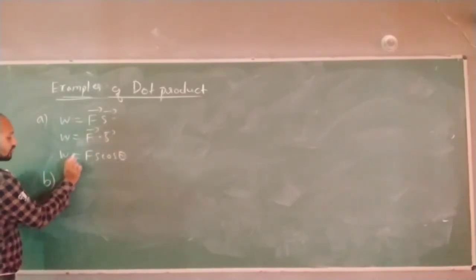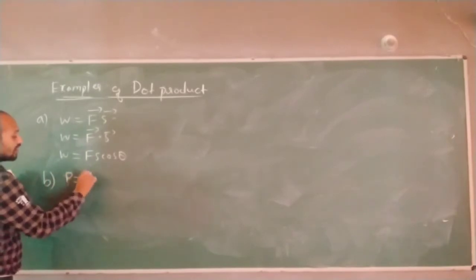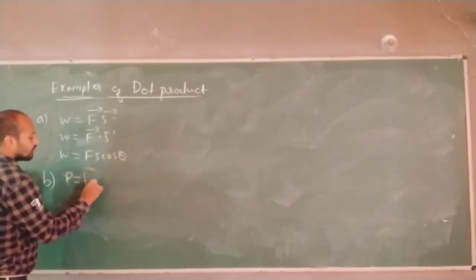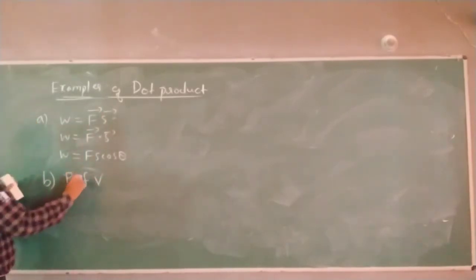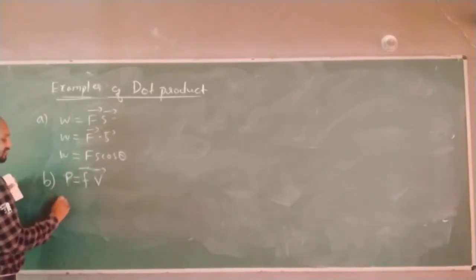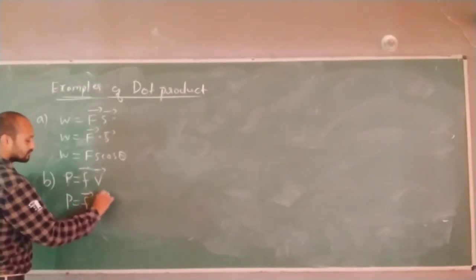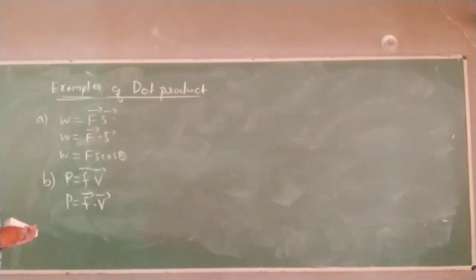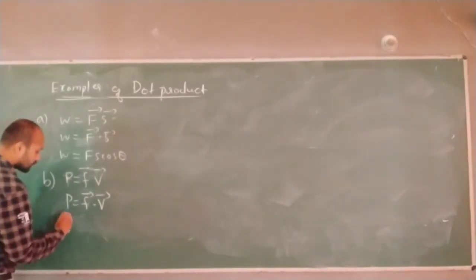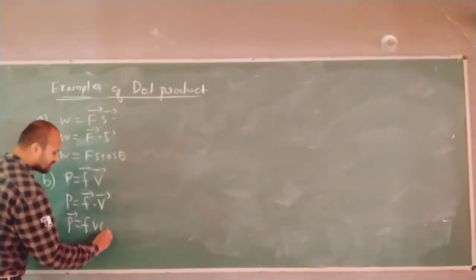The same thing happens with power, which is equal to force into velocity. Force is a vector, velocity is a vector. Power is a scalar, so this becomes F dot V. F dot V means you can still write this formula as P is equal to Fv cos theta.